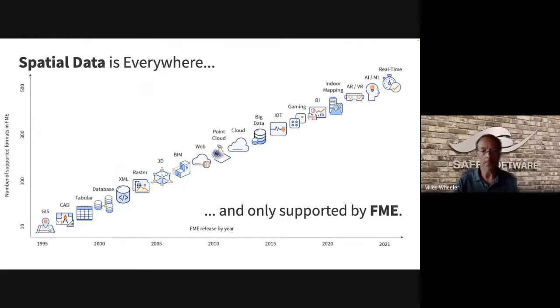Next, please. I alluded to it earlier, but way back in 1995, we started with GIS data, moved to CAD data, added some tabular data formats, Excel spreadsheets, things like that. And over time, we've gradually added more and more different types of data formats. And we're always improving them.